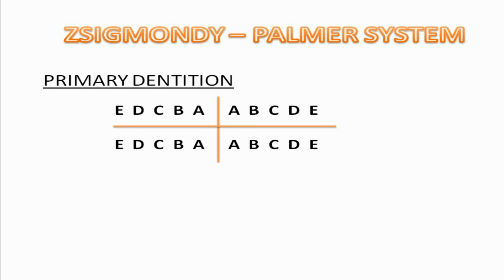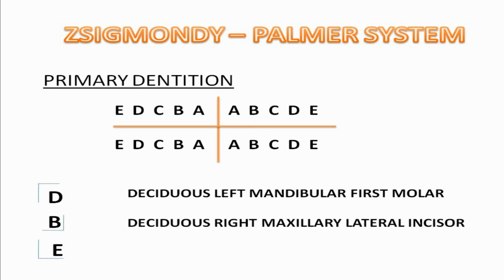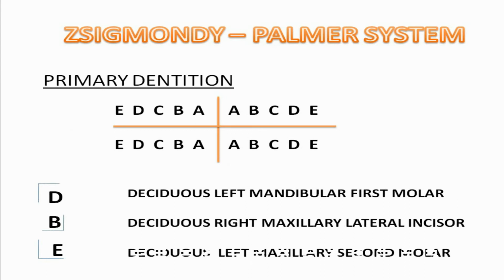For deciduous dentition we use alphabets A to E. So it is denoted like this. The first example is deciduous left mandibular first molar. The second one is deciduous right maxillary lateral incisor. The third one is deciduous left maxillary second molar.